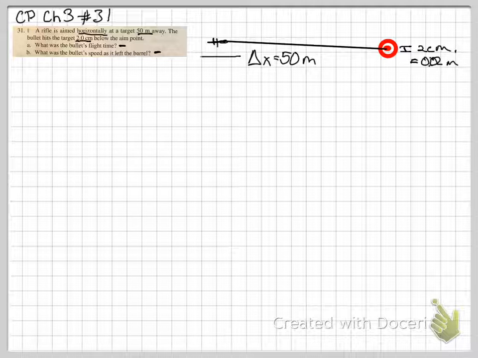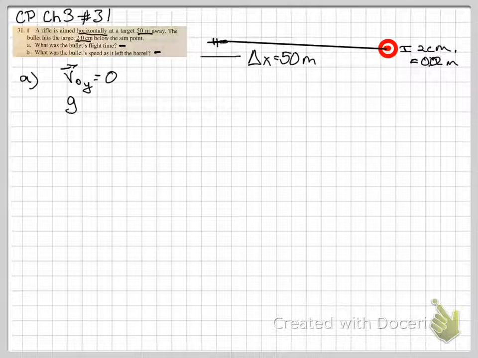So we can use the fact that it fell 2 centimeters and that we know the acceleration of gravity, and we're assuming that v naught in the vertical was 0 initially.